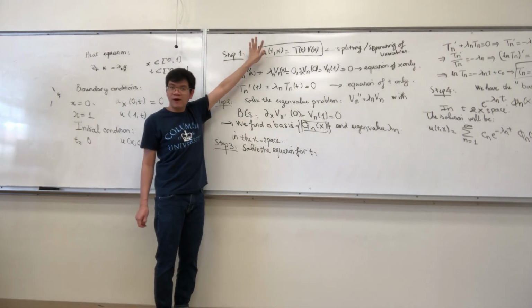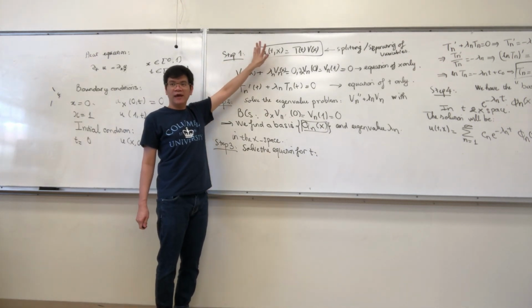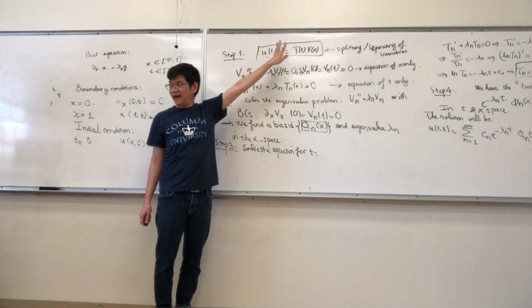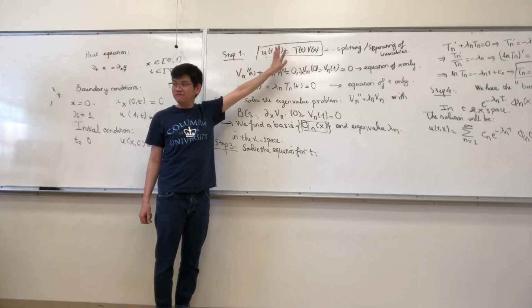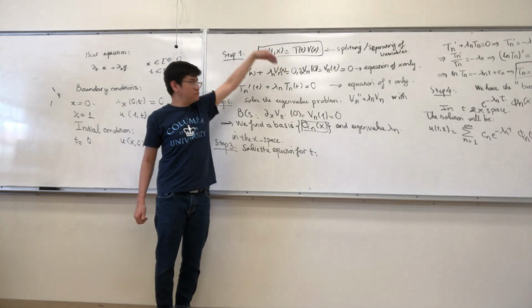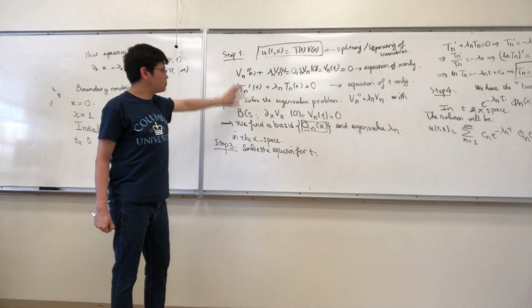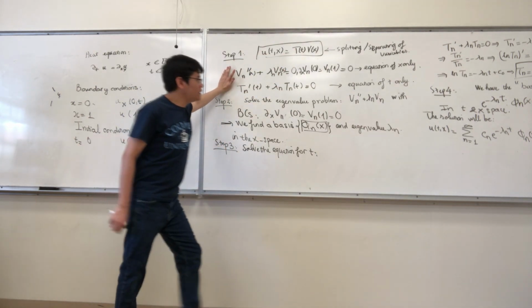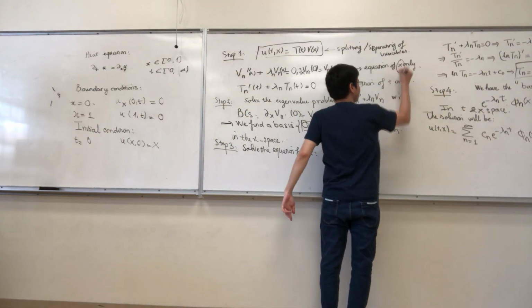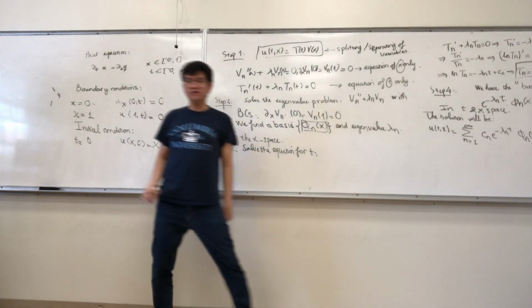From step 1, you split u as the product of T and V, where T is a function of t and V is a function of x. You plug it back into the equation, then you split the equation into two equations: one for x only, and the other for t only.